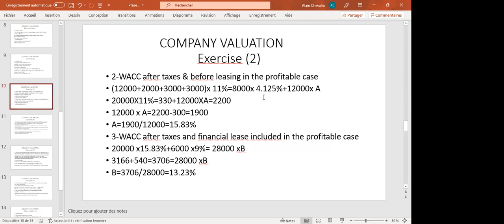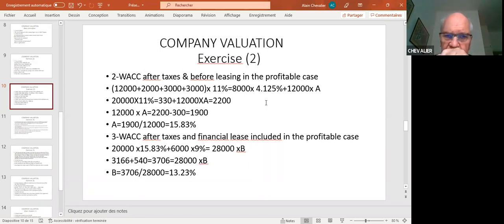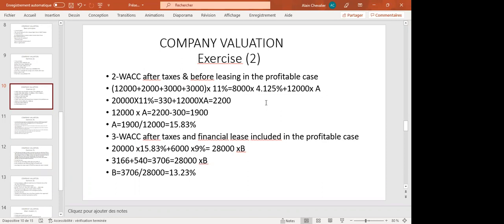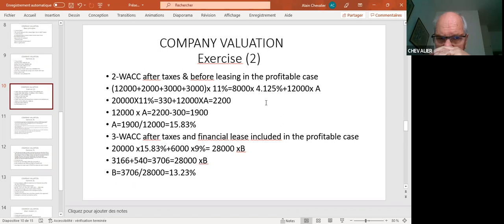Now, we will try to find a WACC after taxes and before leasing in the profitable case. So what does it mean? If you have a look at the second line, we have a company with three categories of debt: long-term, medium-term, and short-term for 2,000, 3,000, and 3,000.